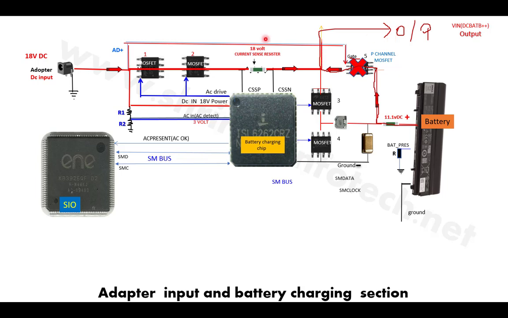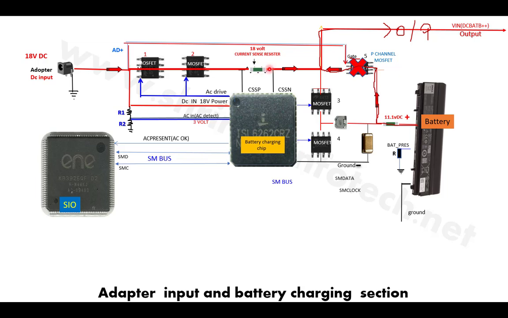Now this here is called the current sensing resistor. This resistor's value is very minute, something around 0.02 ohm, which is a very minor value, below 1 ohm. So why are these resistors used here? These resistors are used basically to check how much current is flowing.